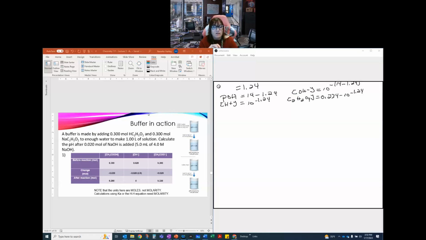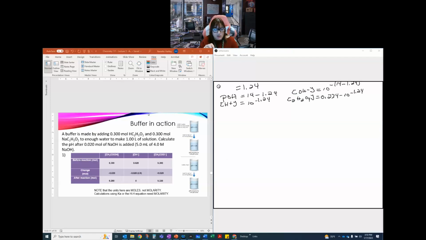Okay. So before my reaction, I have the 0.300, and it's in 1 liter of solution. So even though that's the number of moles, that is a molarity because it's 1 liter. So I have a molarity for the CH3COOH. I have a molarity for my OH minus, right? Because they give me 0.020 moles of that.